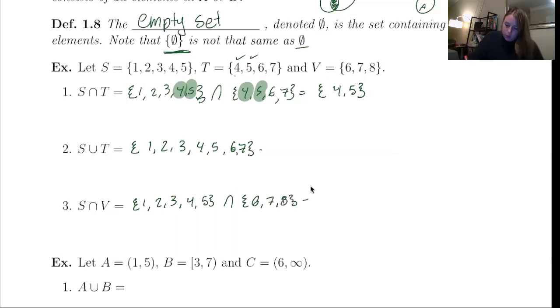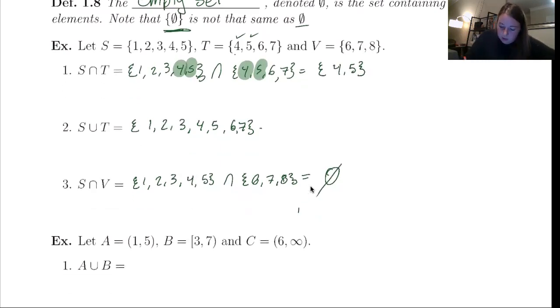All right, so I want to look for things that they have in common. 1, 2, 3, 4, and 5, 6, 7, 8. There's nothing in common. So what do I put? I put a 0 and I put a line through it. Say nothing. Empty set. All right. And this is because there's no common elements.